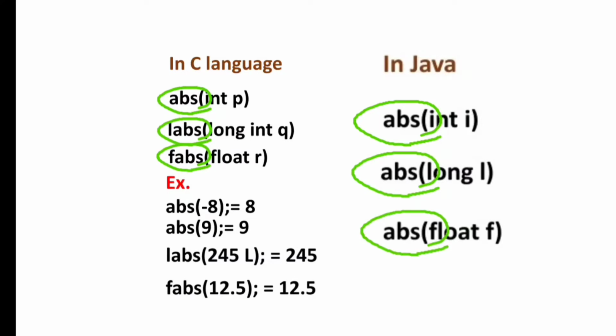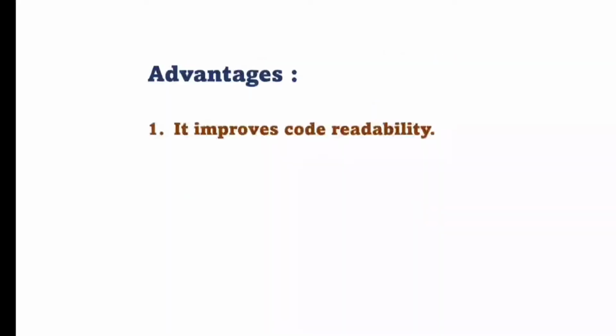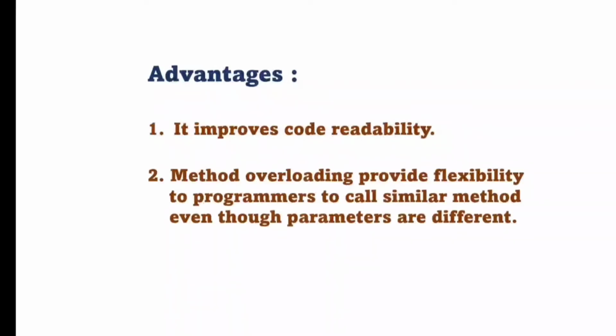So basically the main advantage of method overloading is that it improves code readability, and the second advantage is that method overloading provides flexibility to programmers to call a similar method even though parameters are different. So these are the advantages of method overloading.